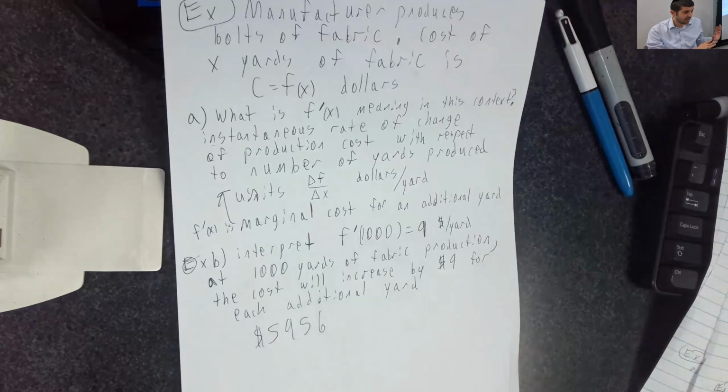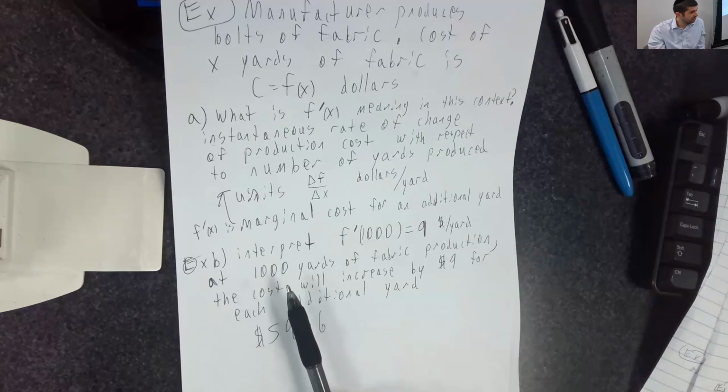That doesn't mean it costs $9 for the 1,000, because you could buy in bulk. The first yard could be $50. Then the manufacturer could be nice: the second yard, I'll do 40. The third yard, I'll do 30.